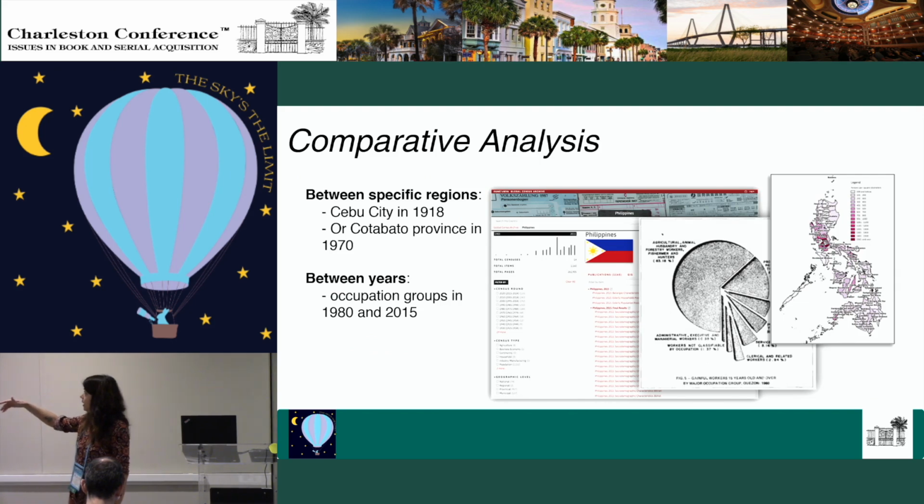You can think about one city, for example, Cebu City in the Philippines in 1918, and then compare it to a different province and between different times, because you see each publication year, and you can compare specific regions within a country from those data. And when you see the page thumbnails, you can see the ones with graphs and maps, and that could lead students into interesting discoveries.